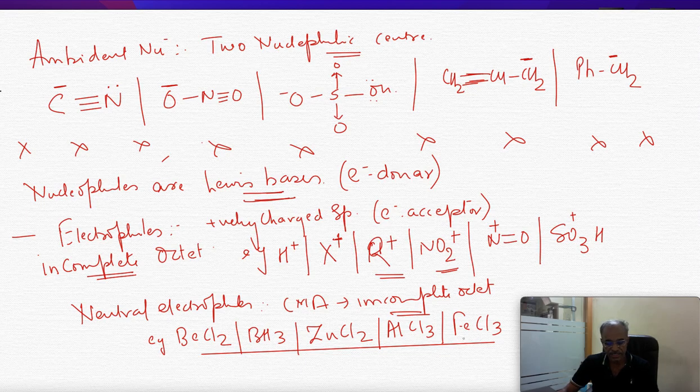In neutral electrophiles, the first case is an incomplete octet. The second case is where the central metal atom has a complete octet, or you can say a complete expanded octet.